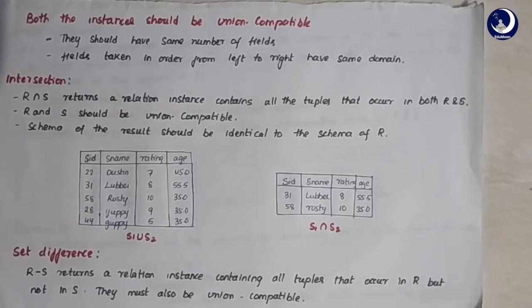The second condition is that the corresponding fields, taken in order from left to right, should have the same domain. So they should also belong to the same domain. Any instance that follows these two conditions will be a union compatible instance. So that is how you perform a union operation.